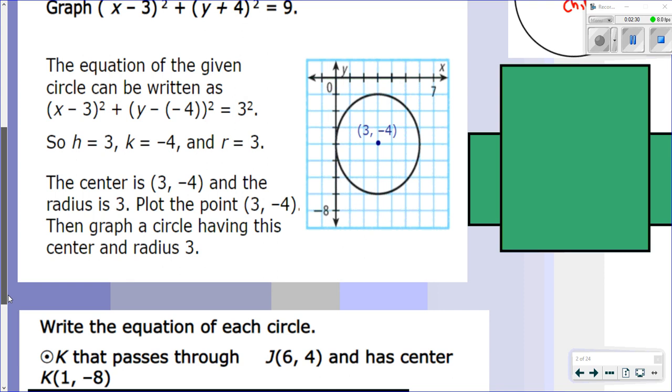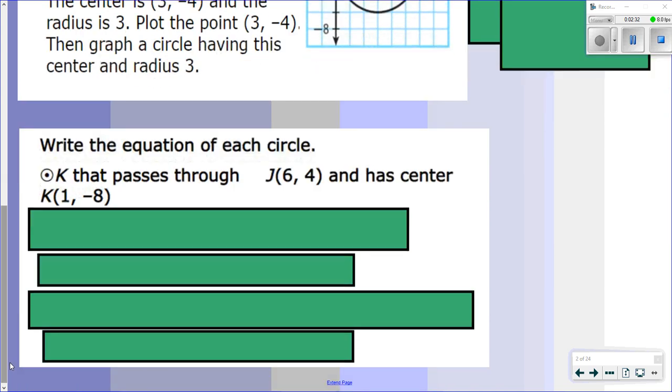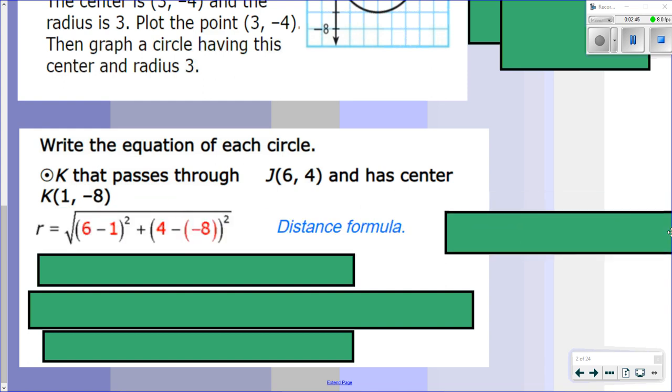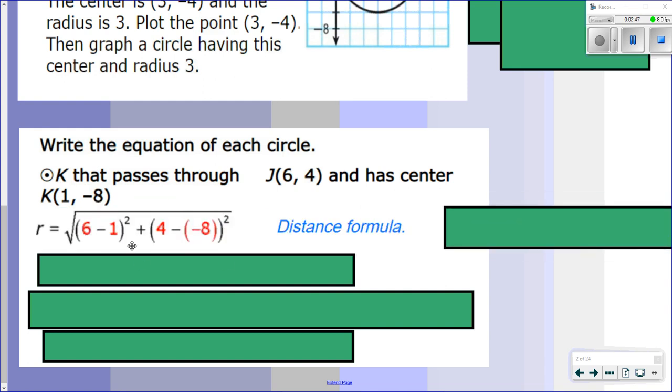And another example we did was write the equation of a circle that passes through the center point and an end point. In order to find the radius, we had to do the distance formula, as shown here. Basically it's x2 minus x1 squared plus y2 minus y1 squared.